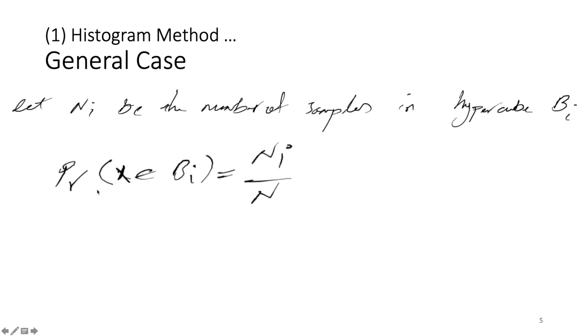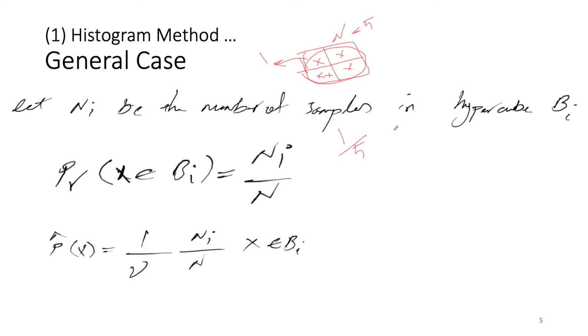The real probability of x being within the hypercube Bi would simply be the fraction of Ni within the overall N. Say we had 1 here out of 5, N was 5 here, so it would become 1/5.